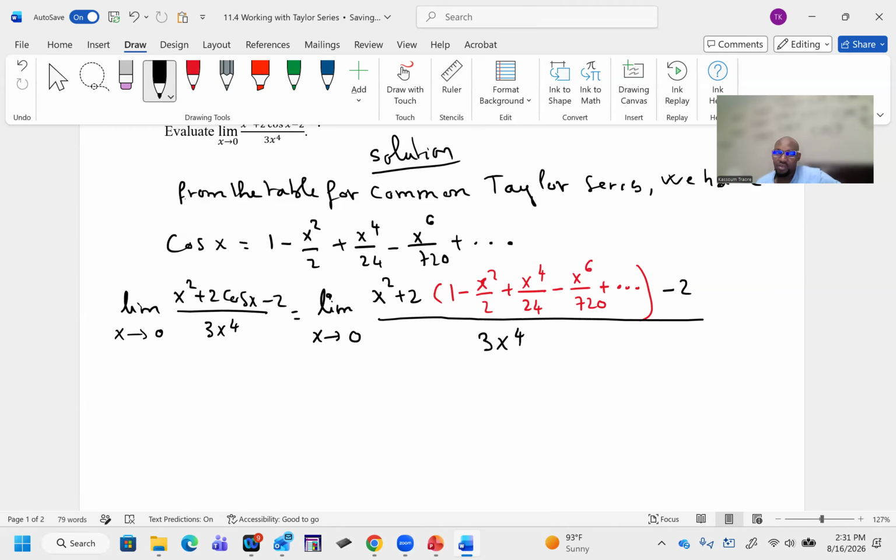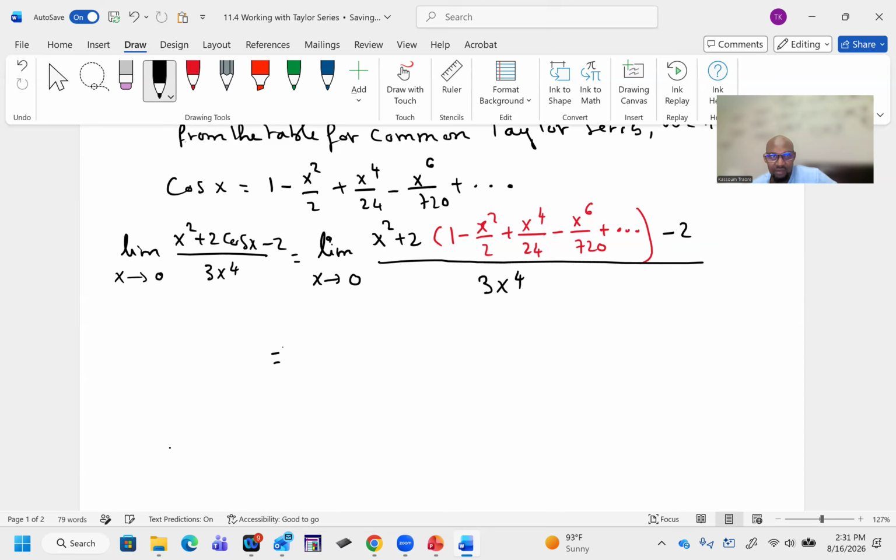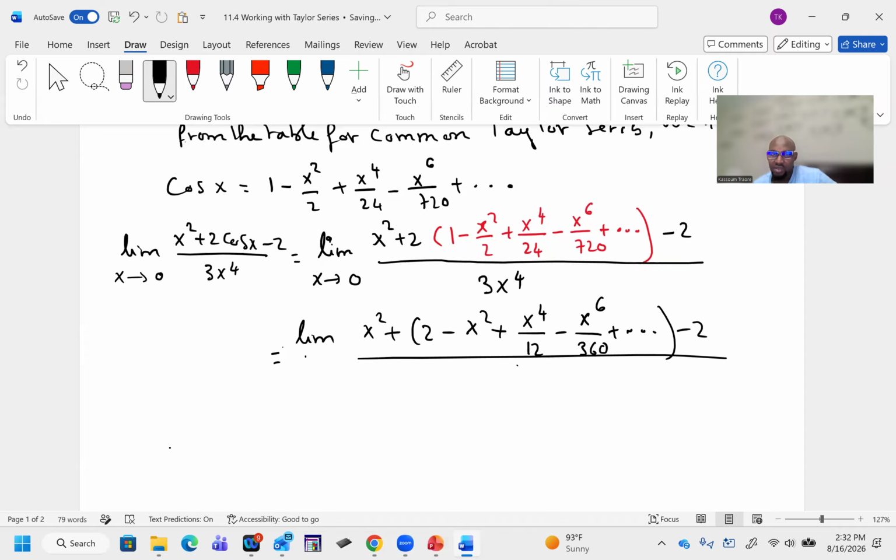So if I simplify this by distributing the 2 inside, going step by step so you get everything at once, the top will be x squared plus 2 minus x squared plus x to the power of 4 divided by 12 minus x to the power of 6 divided by 360 plus and so on, then minus 2, divided by 3x to the power of 4 as x approaches 0.